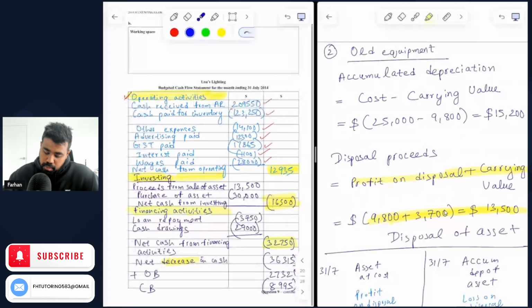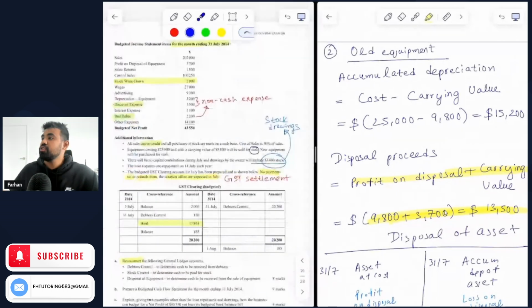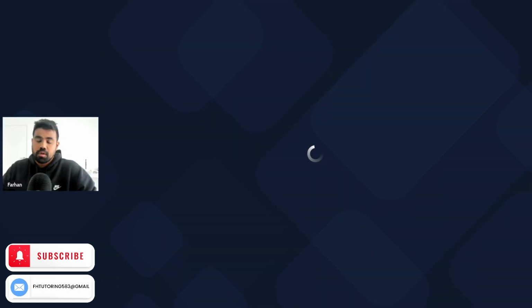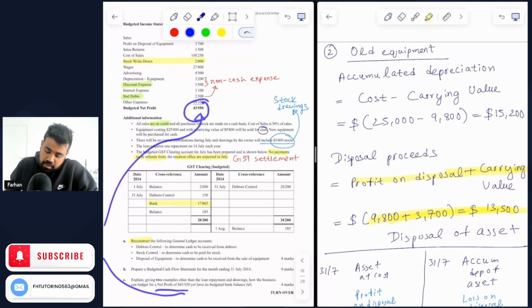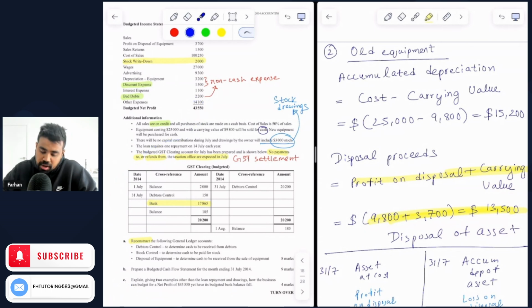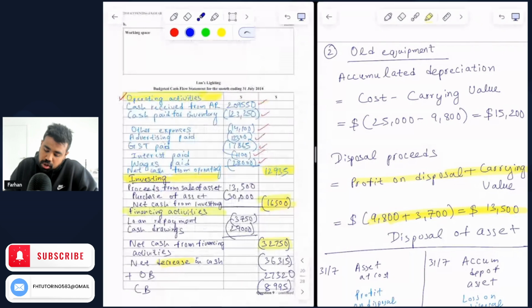Okay, what about part C, which is the discussion question? Part C is asking us to explain, giving two examples other than the loan repayment and drawings, how the business can budget for a net profit of $43,550, as you can see here, and have its budgeted bank balance fall, which is what we calculated to be negative 8,995 based on our closing balance.